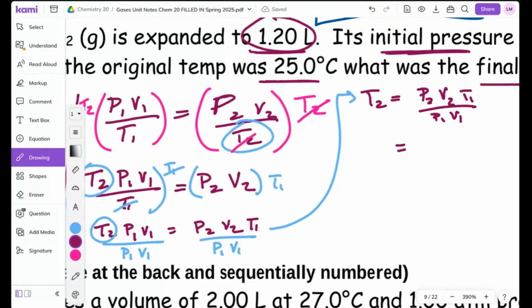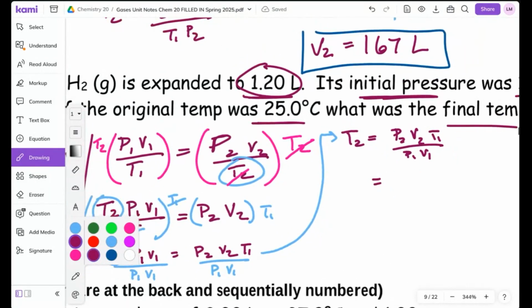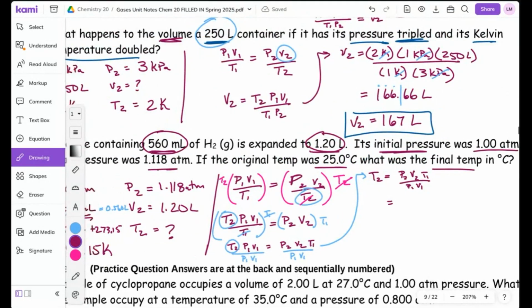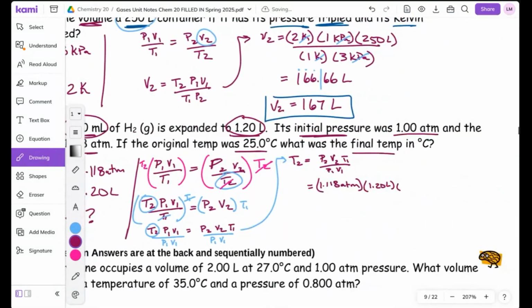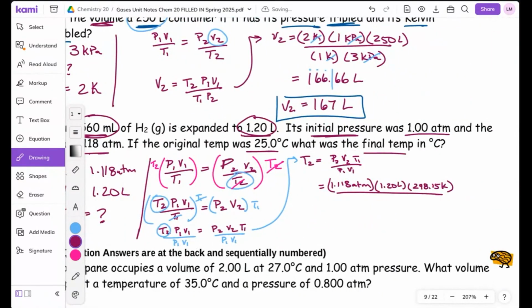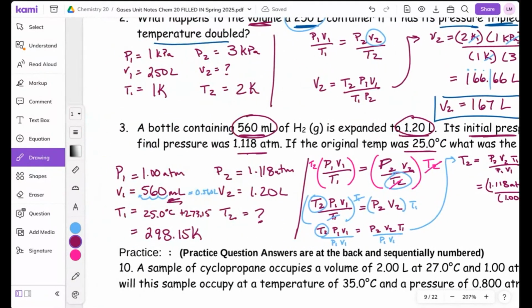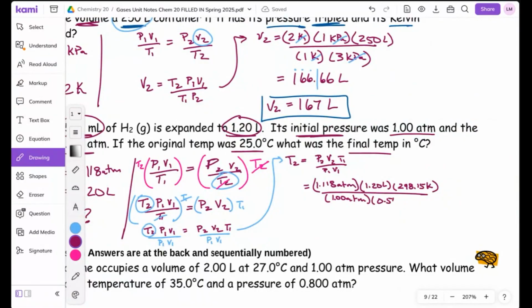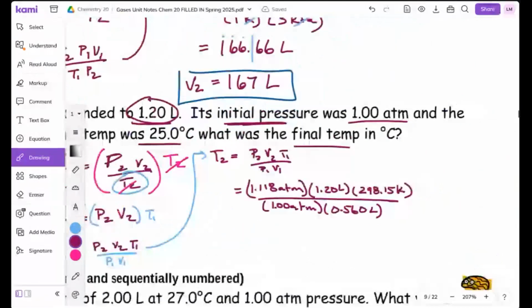Now that we have our formula, we can start plugging in all our numbers here. So P2, that was 1.118 atmosphere. V2, 1.20 liters. T1 was 298.15 Kelvin divided by 1 atmosphere and 0.560 liters.